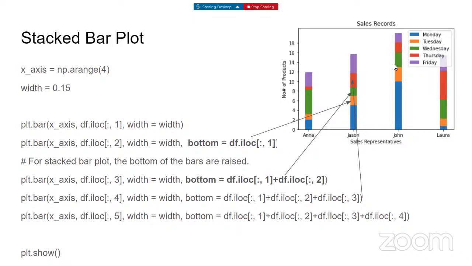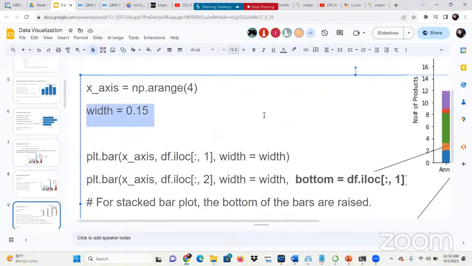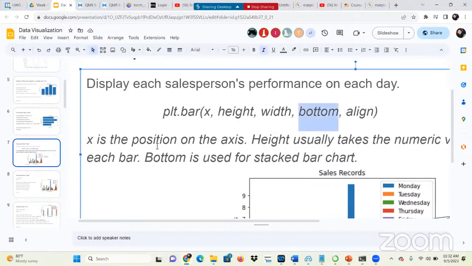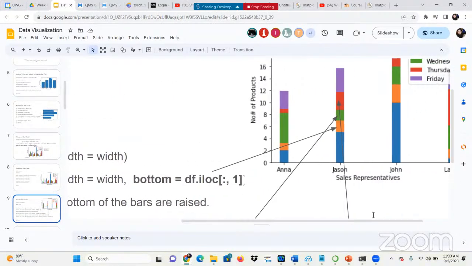Okay, so how do we do this stacked bar plot? As I said, this x-axis doesn't need to change, and the y should also be the numbers from the group. What we are going to change is the bottom. For the blue ones, the bottom starts at 0.